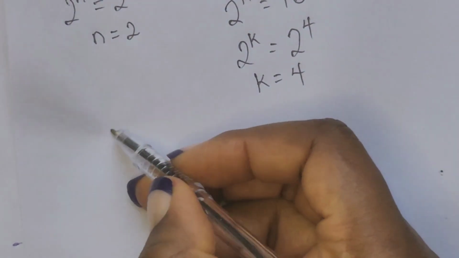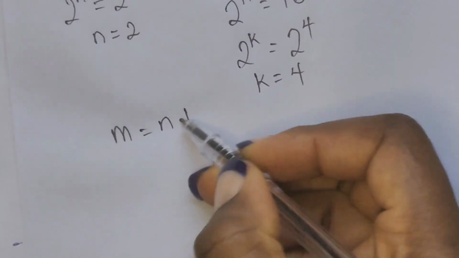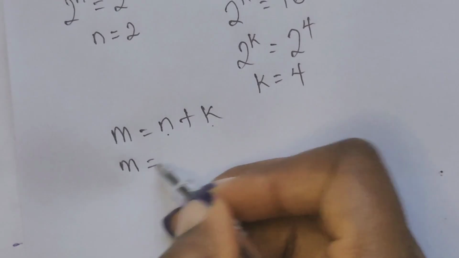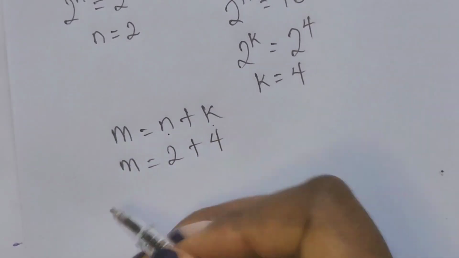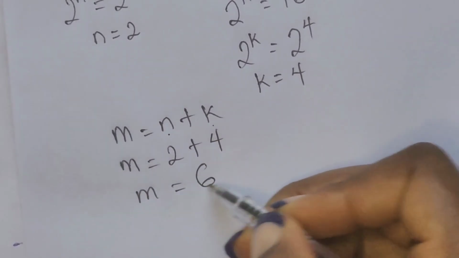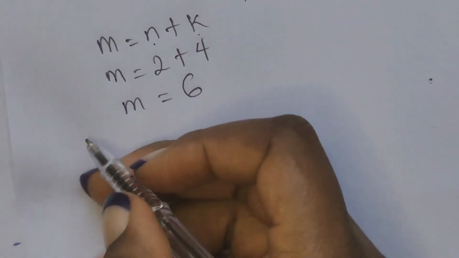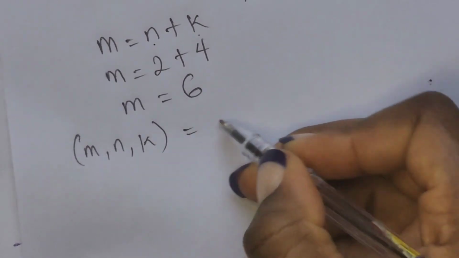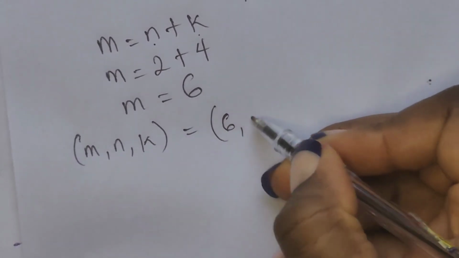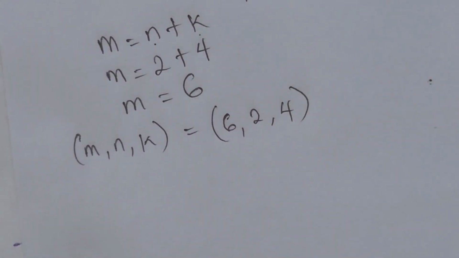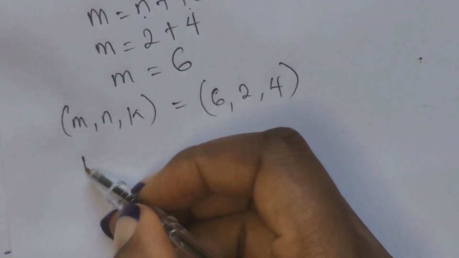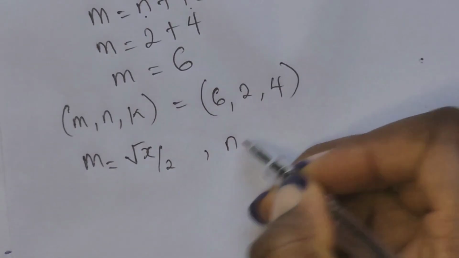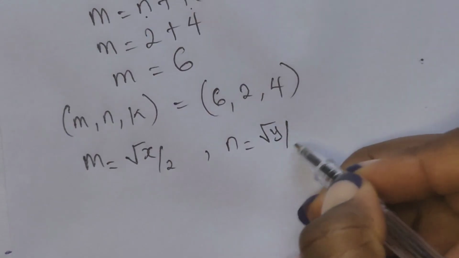But let's recall that our m is equal to n plus k. So inputting the value of these two, we have m equal to 2 plus 4. So our m is equal to 6. So we've gotten the value of m, n, k as 6, 2, and 4. But let's recall that m is equal to root x over 2 and n is equal to root y over 2.